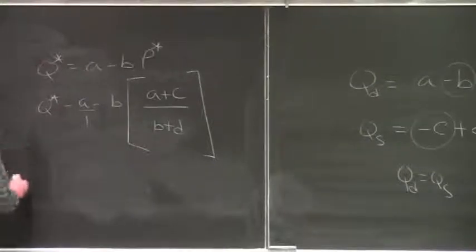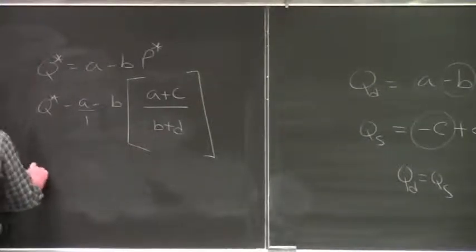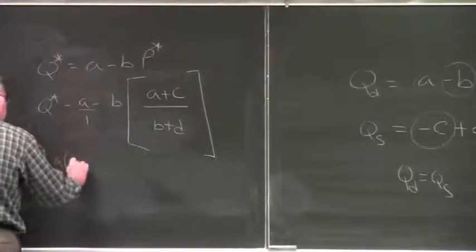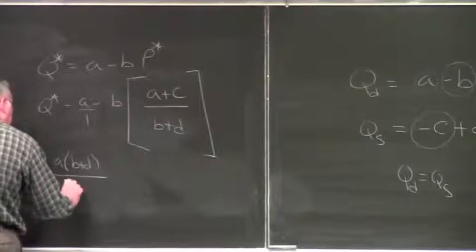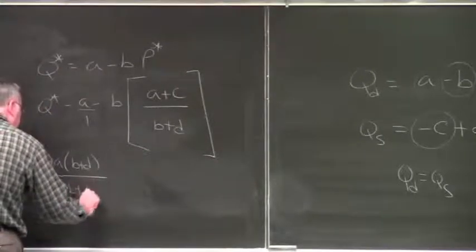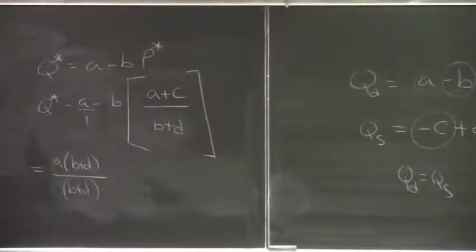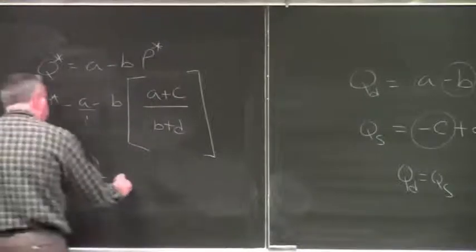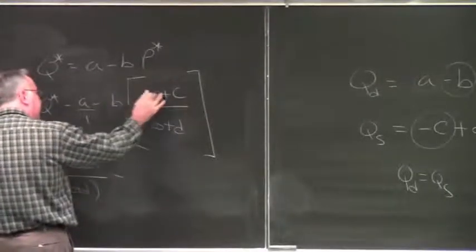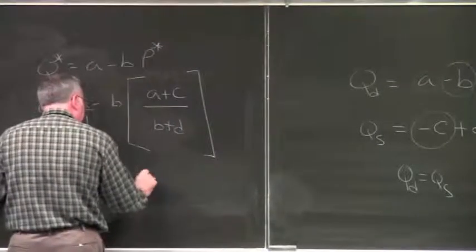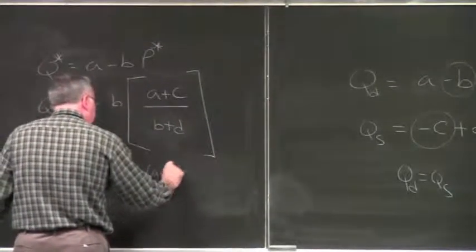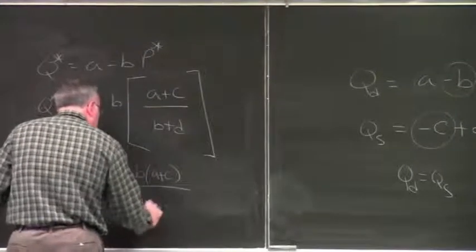So we could rewrite this as Q star equals A times B plus D over B plus D. And just let me put parentheses in there for minus, now we can bring this B, that's multiplied times this, so we can simplify the second term to be minus B times A plus C over B plus D.